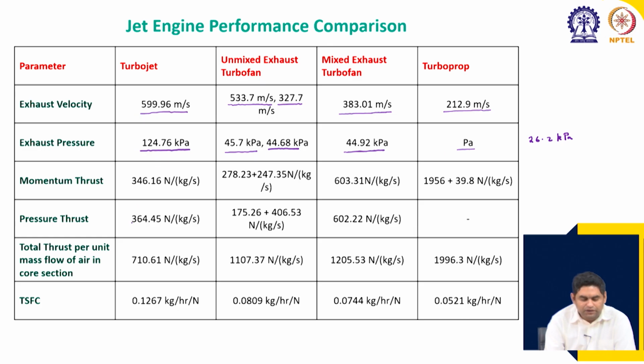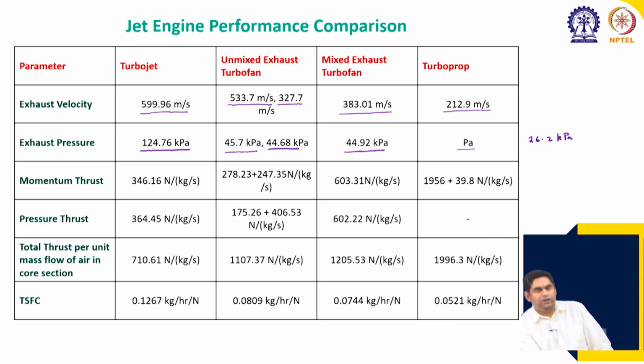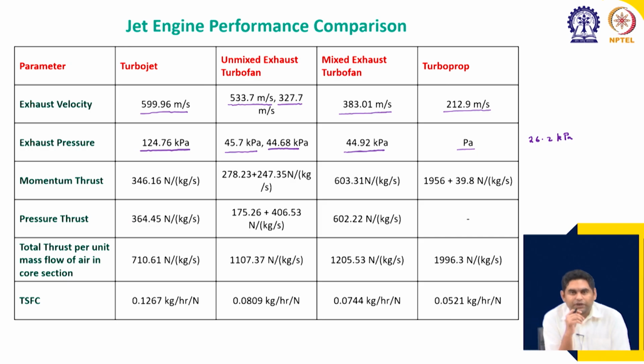Now, the momentum thrust per unit mass flow rate through the core section, not per unit mass flow rate through the overall engine. So, here for the first case it comes out to be 346.16 Newton per kg per second. Then it increases for the unmixed type. Okay. Unmixed type is 278 from the hot nozzle and 247 from the cold nozzle.